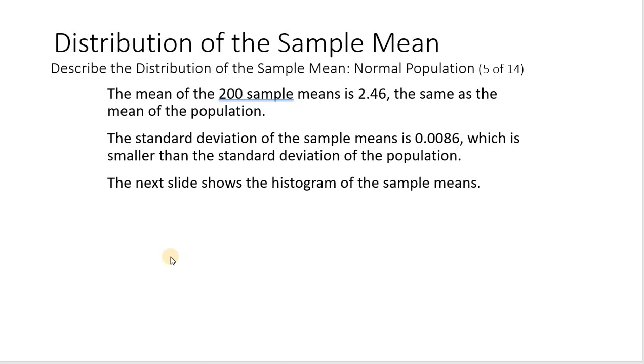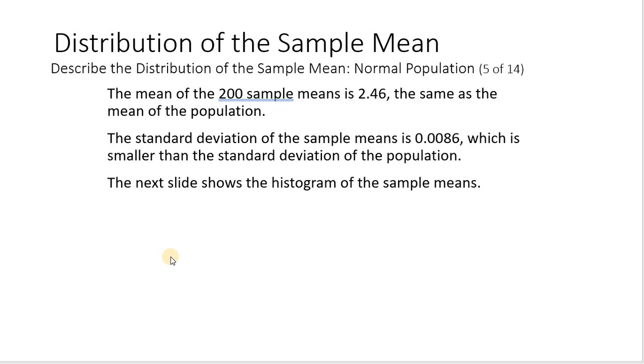Now, if we collect all of the sample means from the 200 samples, the population mean is 2.46, and this is similar to the mean that we obtain from the 200 samples.